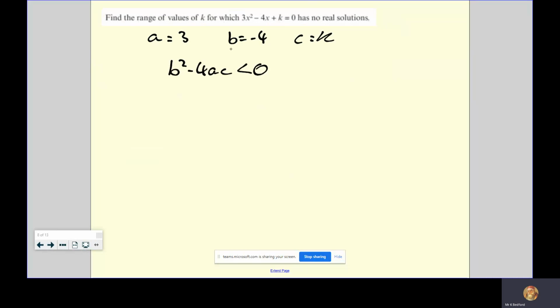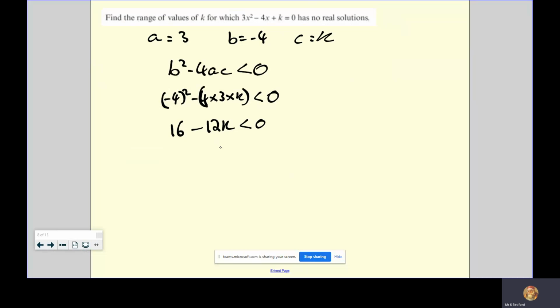So substituting in my values, I get negative 4 squared minus 4 times 3 times k, and I want that to be less than 0. So negative 4 squared is 16, minus 4 times 3 is 12k, is less than 0.